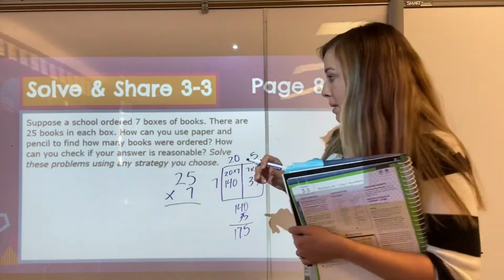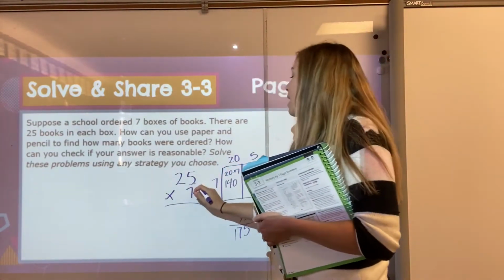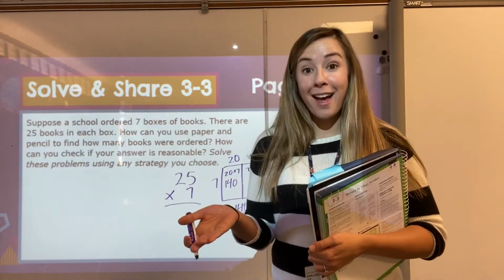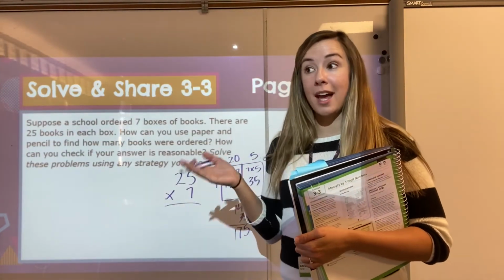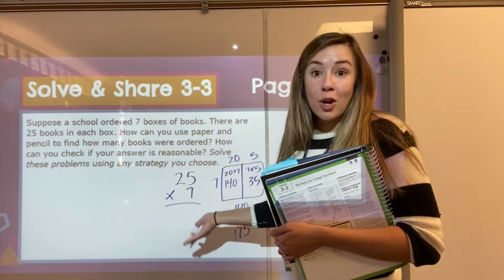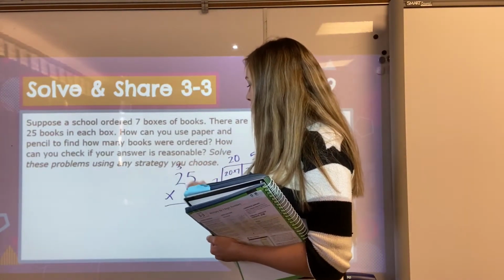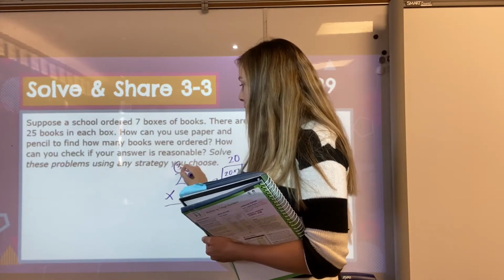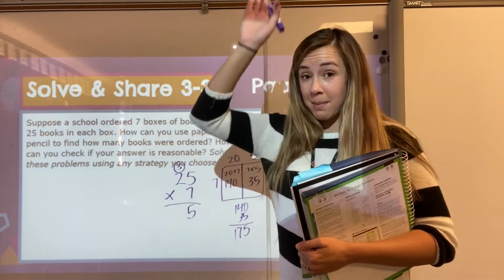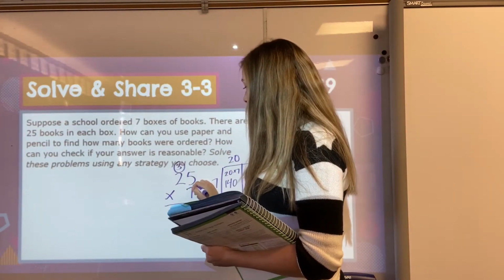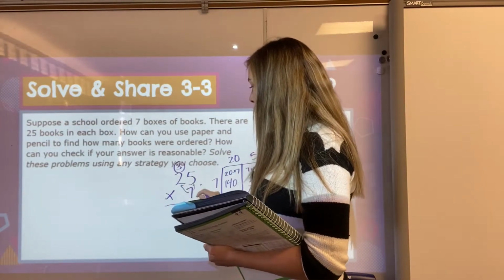Okay, now we can also use our standard method. This might be another way that probably your parents did it. This is how I learned it, and it's a great way to use if it makes sense for you. So 7 times 5 is 35. I remember to circle the numbers that I'm carrying over so I don't forget about them. So we did 7 times 5 first, and then I'm gonna do 7 times 2.